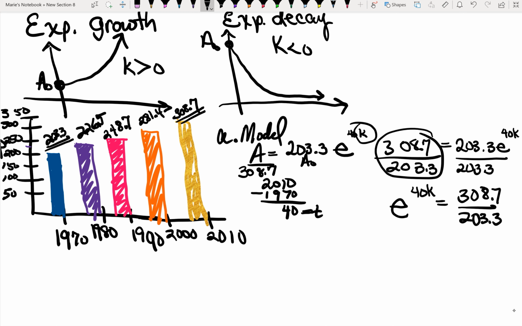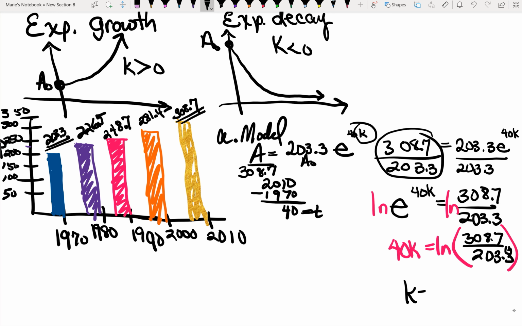Now, remember when I stated that you could simply just put natural log on both sides? And in doing so, what you end up with is 40k on this side is equal to the natural log of 308.7 divided by 203.3. And so the only thing we'd have to do to find k now is to divide by 40.